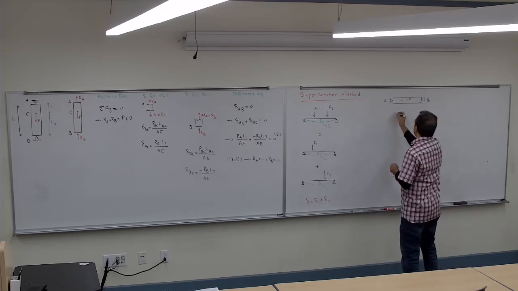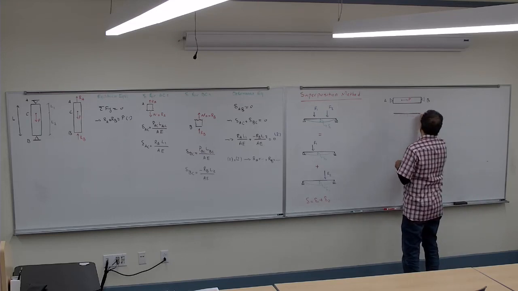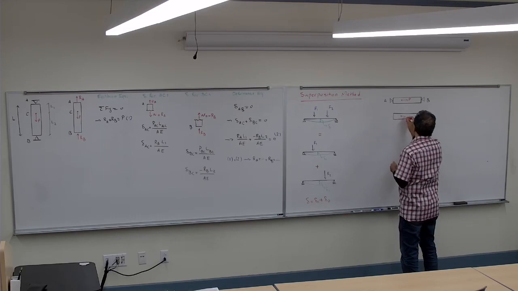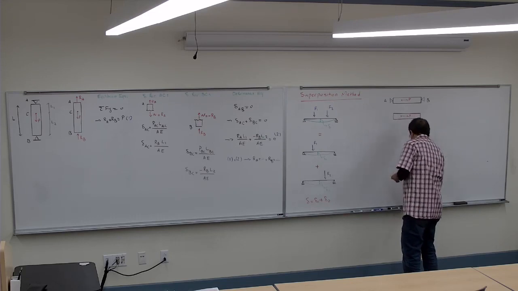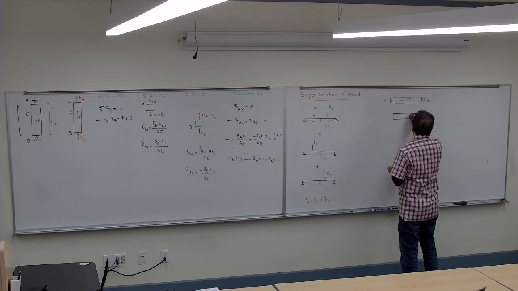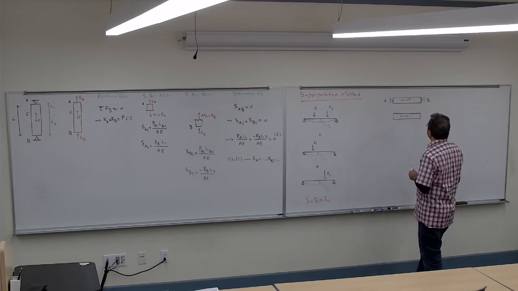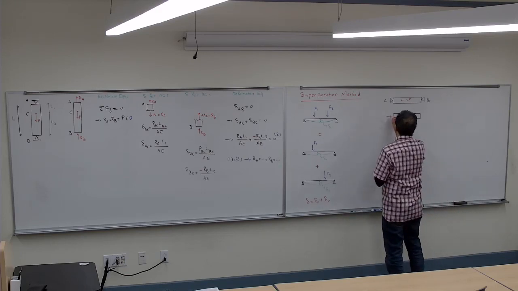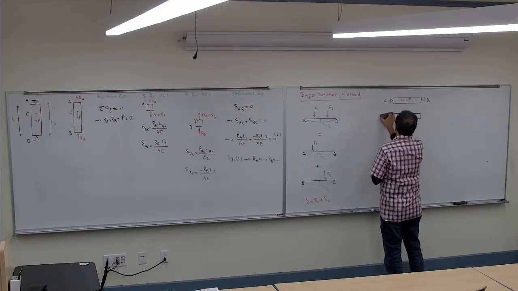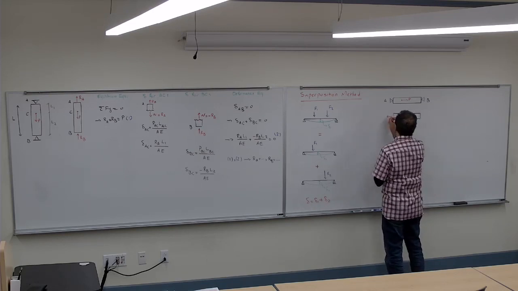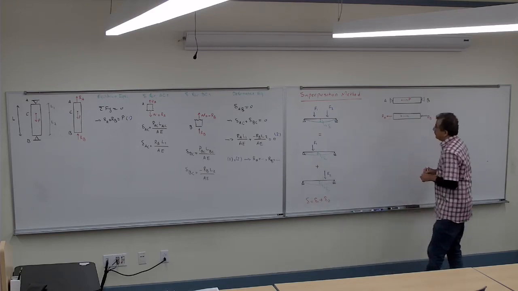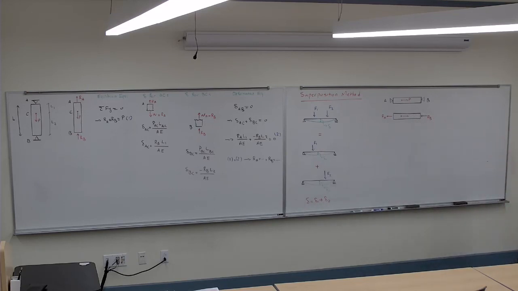So if I redraw that, it's going to look like this, correct? So how can I use the superposition method to solve that?